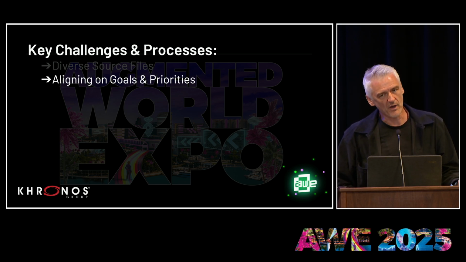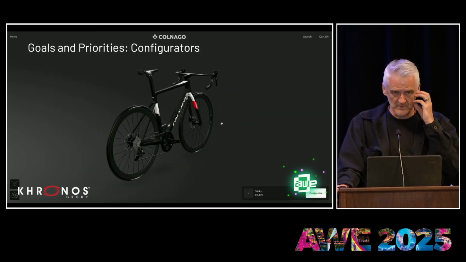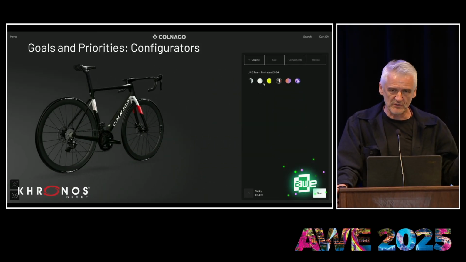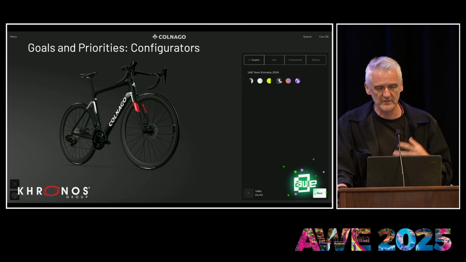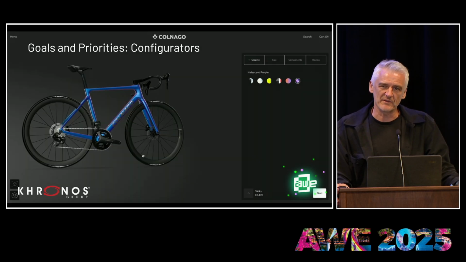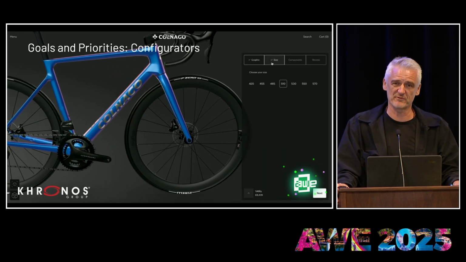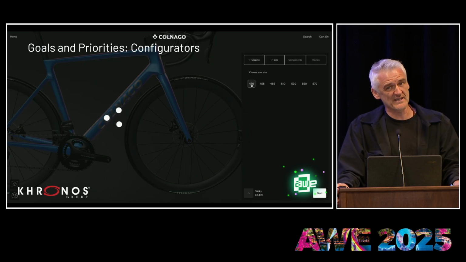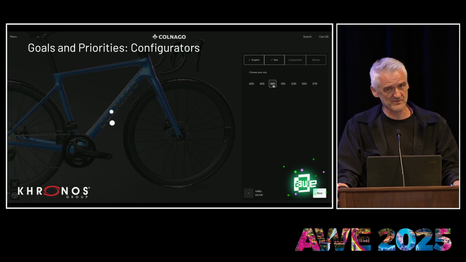The one I will dig into personally is configurators. At London Dynamics, quite a lot of the time we build configurators for different companies, whether it's an automotive one or a boat. This is an example of a bicycle. What's very interesting about this bicycle is that the manufacturer only gives us the frame information. We have to get CAD data on the cogs and the pedals from a different manufacturer, and the chain information from another manufacturer.